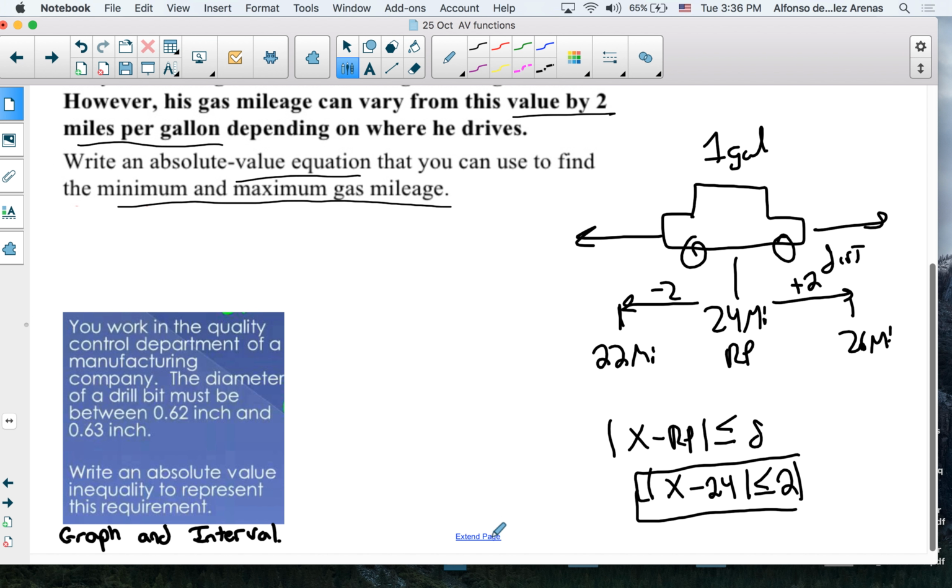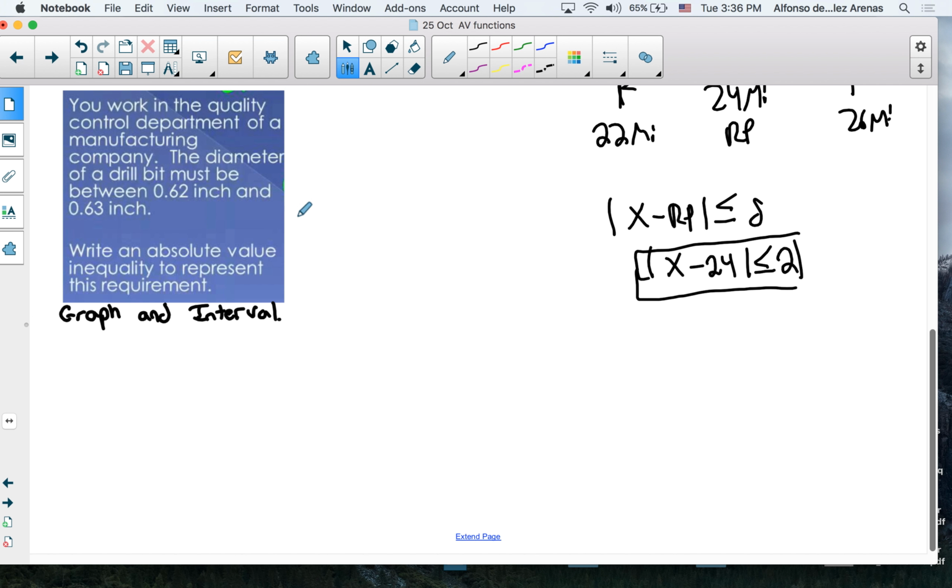Now, in the next question, it says you work in the quality control department of a manufacturing company. The diameter of a drill bit must be between 0.62 and 0.63. Okay, so you are drilling with a machine, like a pistol here.